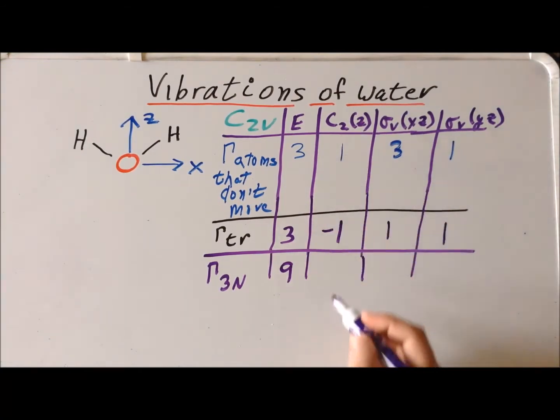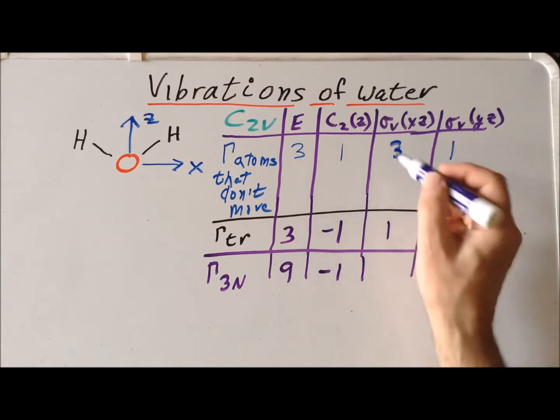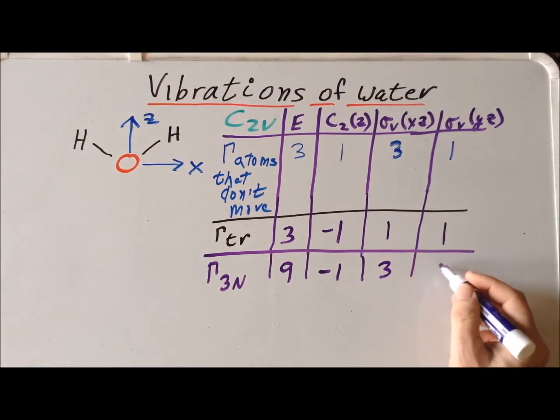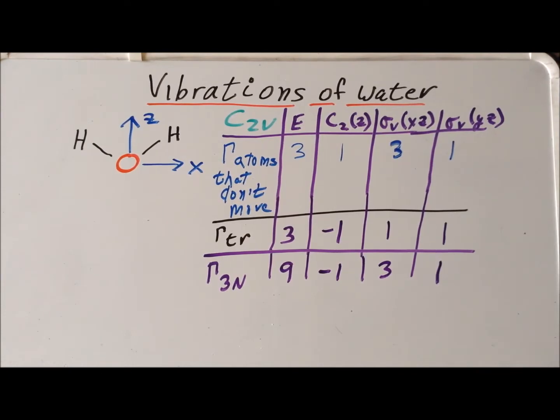Minus 1 times plus 1 is minus 1, so our character is a minus 1. 1 times 3 is equal to 3, and 1 times 1 is equal to 1. So we have been able to derive a reducible representation that describes all 3n degrees of freedom for our molecule water.